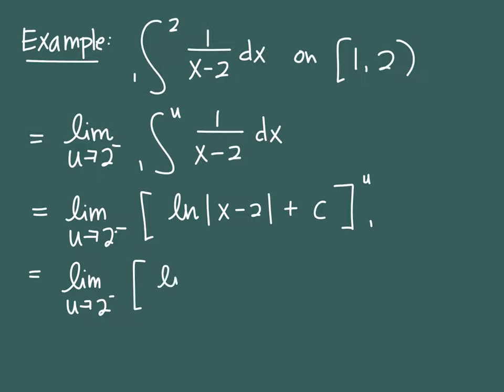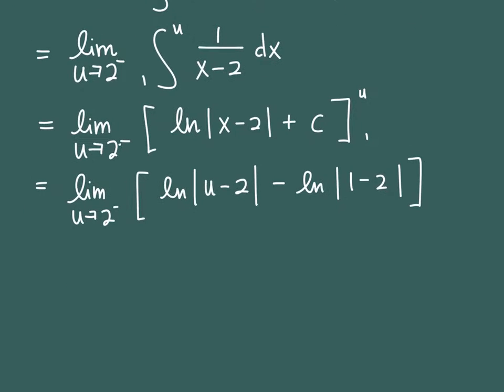All right, so we're looking at the natural log of the absolute value of u minus 2 minus the natural log of the absolute value of 1 minus 2. So that will give us the natural log of 2 minus 2 minus the natural log of the absolute value of negative 1.